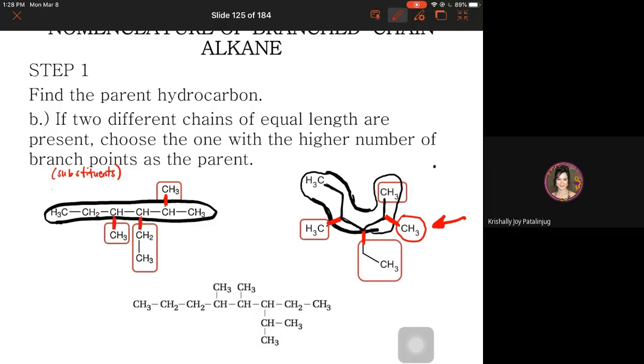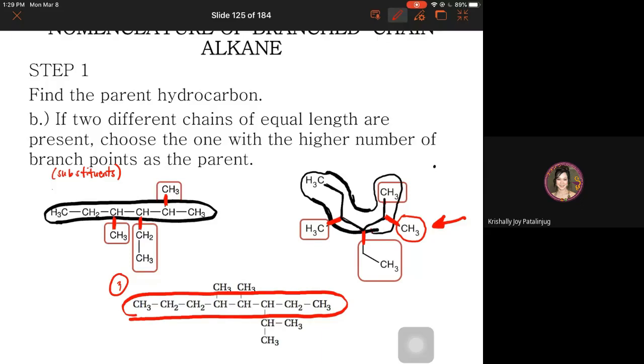Sige, for the last molecule, the parent chain here, not yet the parent, the longest muna, the longest carbon chain, dalawa din yung posible. So, una, pwedeng ito. The one in a straight representation, that is 1, 2, 3, 4, 5, 6, 7, 8.